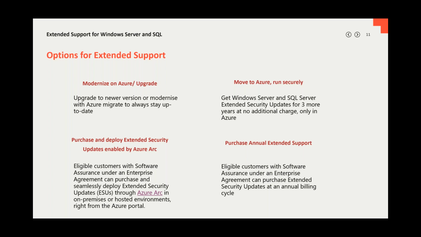You don't need to migrate those servers to Azure, and it's done at a monthly consumption charge. So if you only need the coverage for 6 months, buy extended support via Azure Arc for 6 months, and then you stop it when you don't need it anymore, which is very attractive to many organisations.